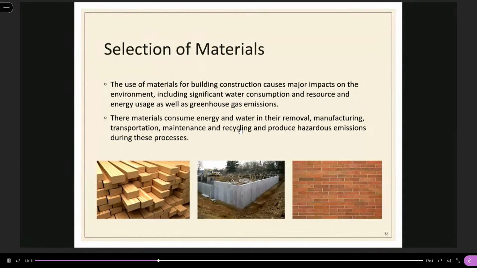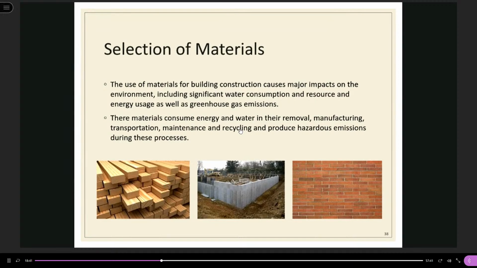So the materials consume energy and water in their removal, manufacturing, transportation, maintenance, and recycling, and produce hazardous emissions during these processes.